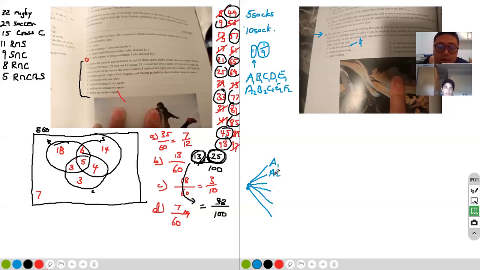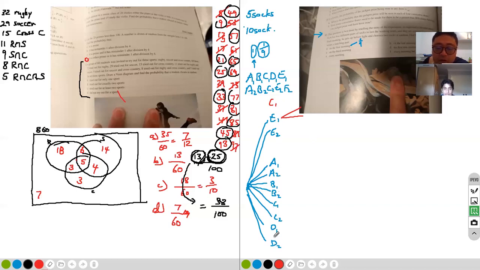So you can either choose A1, A2, or B1, B2, C1, C2, D1, D2, E1, E2. Those are the choice ones. Choice 2 would be whatever's left, so we've just chosen from 10.